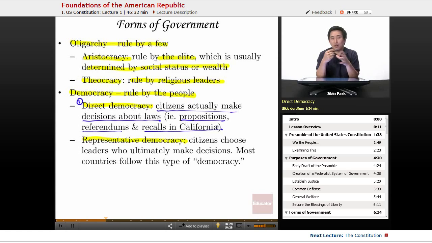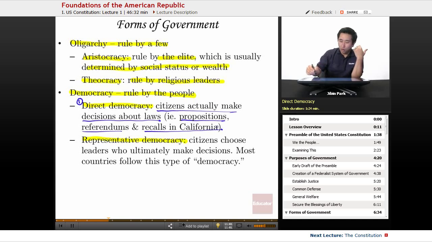I would say in California, there are examples of the people actually making decisions on laws, on gay marriage or abortion, or whether or not chickens should be transported with 14 inches of space while in transit. Some matters are really complicated, and California voters are deciding whether or not to implement this as part of the legal code. That's an example of direct democracy.